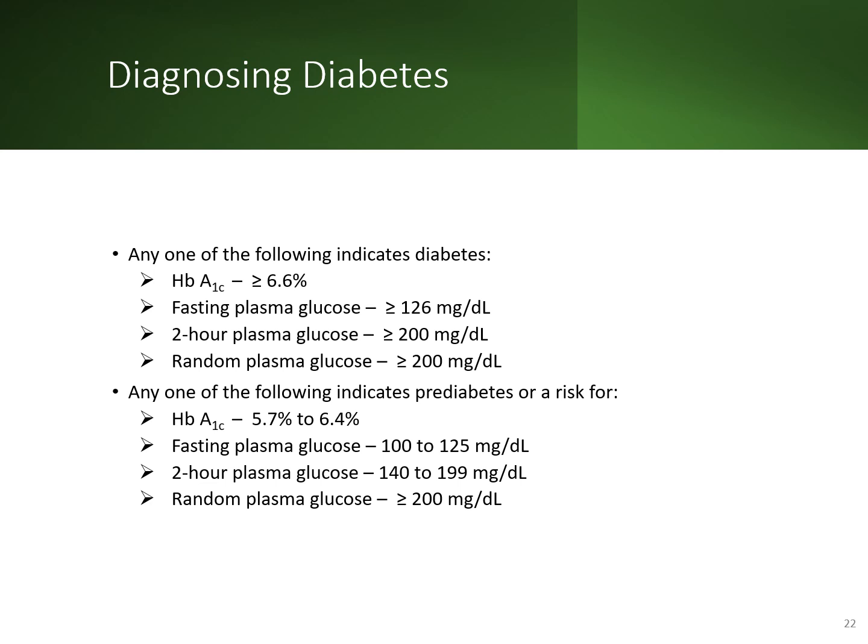And that would include these levels here, where you have a hemoglobin A1C of 5.7 to 6.4, or your blood glucose levels as listed. And so it would be done either fasting or 2 hours after one of those glucose tolerance tests, or just by random glucose that's drawn at any point during the day without fasting.